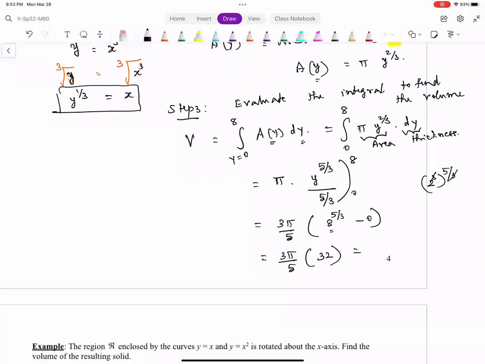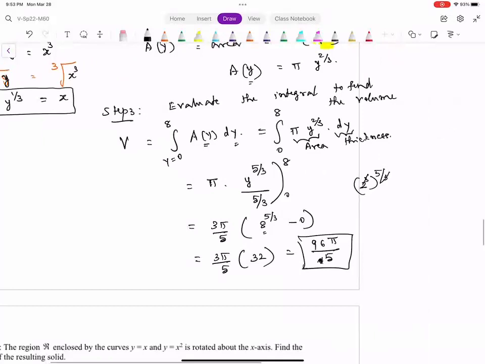So 32 times 3 pi over 5, which is 96 pi over 5. So the volume is 96 pi over 5 cubic units. You can either say it's cubic units or units cube.